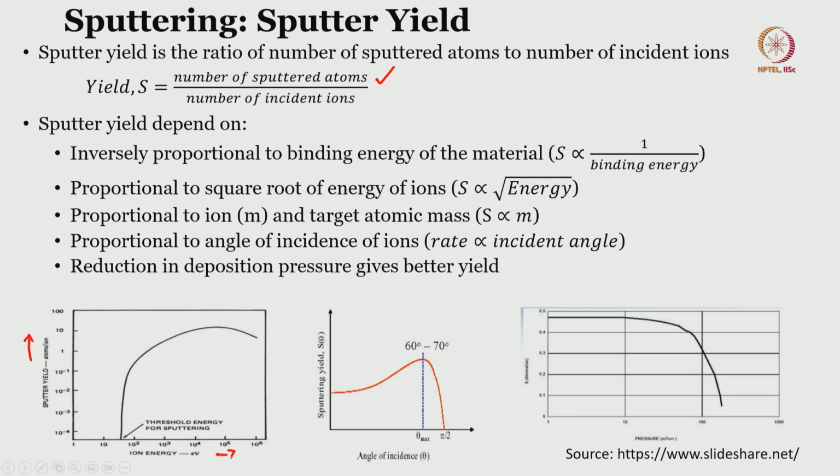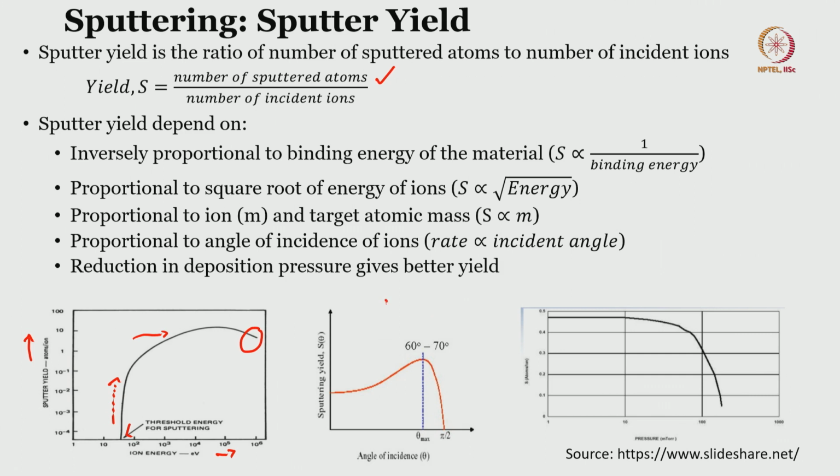As you increase the energy, the sputtering yield starts increasing. At a certain point it will start reducing, and finally, with very high energy, it starts dipping down. So, this shows what kind of energy we can use, which we call the threshold energy, after which the sputtering will start. Here we have written threshold energy for sputtering.